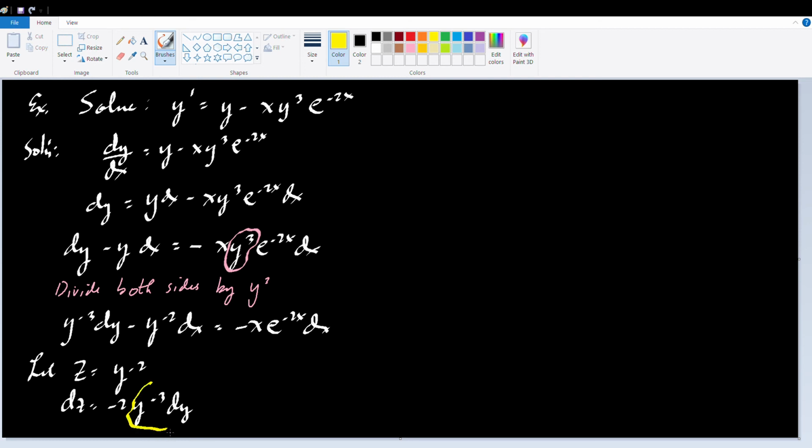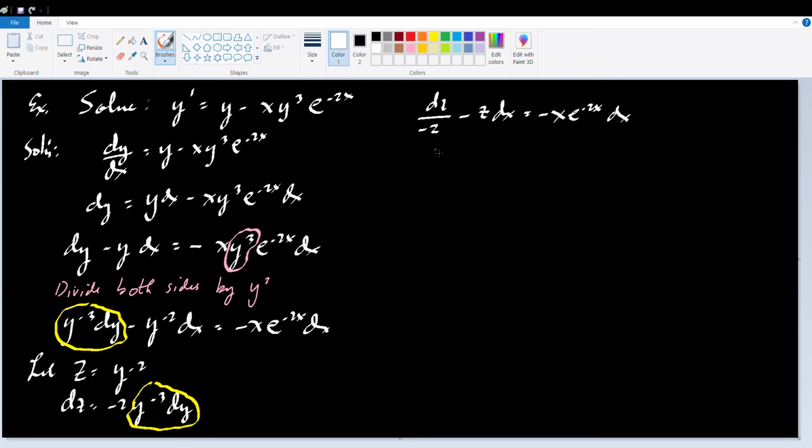And y to the negative 3 dy becomes dz all over negative 2, minus y to the negative 2 is z, and then dx equal to negative x e to the minus 2x dx.